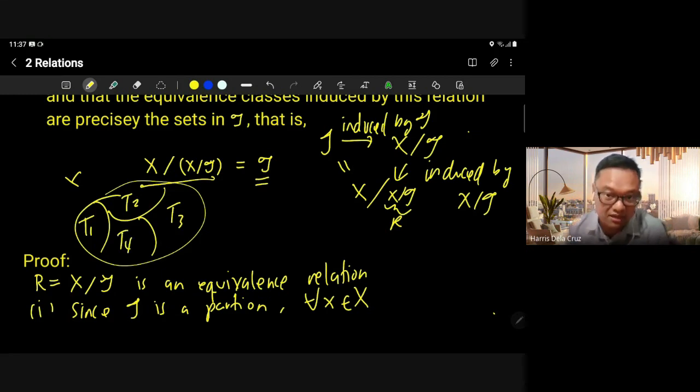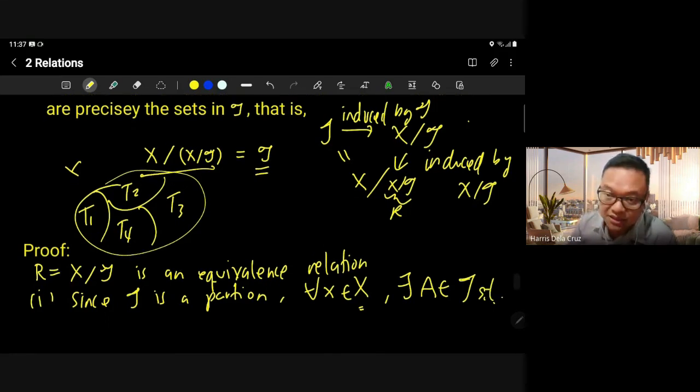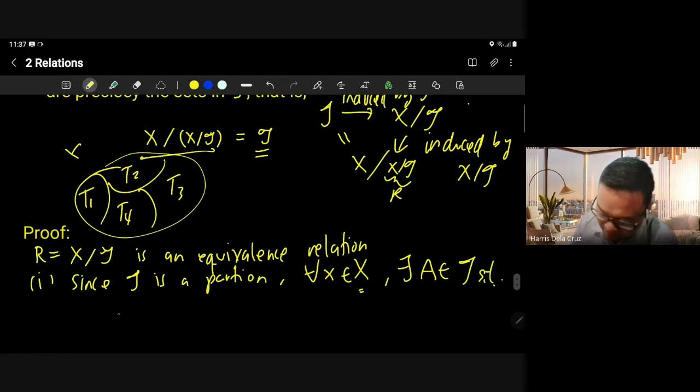So basta meron kang set dyan. So for every X in our set, yung original set natin, yung capital X, dapat makakakita ka ng set A sa partition natin such that X is in that set. Tama? Such that X is in that set.